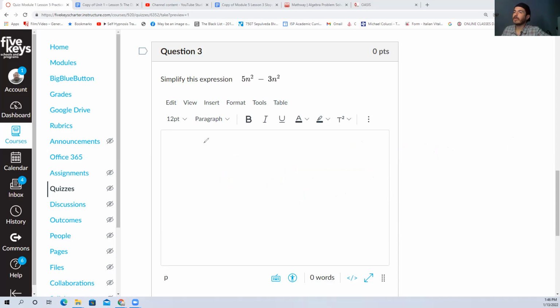So going back to the problem, if I have 5 flats of Nike shoes and I subtract 3 flats of Nike shoes, how many flats of Nike shoes do I have? 2. And that's it. That's all I can do to simplify this expression, unless I knew what n was, but I don't. So, wah, wah. That's the right answer.